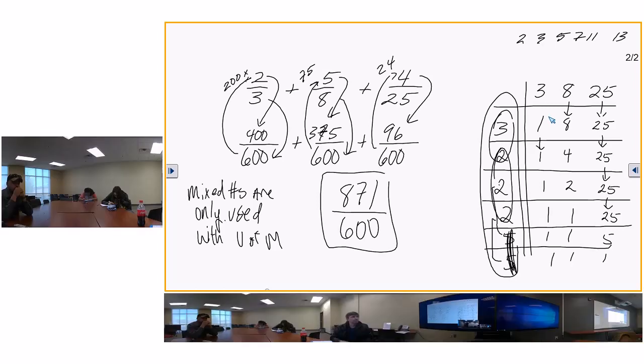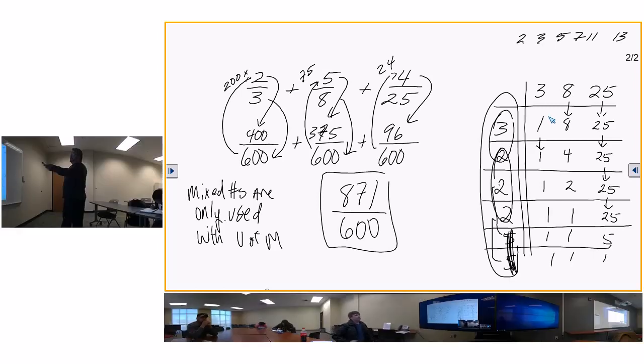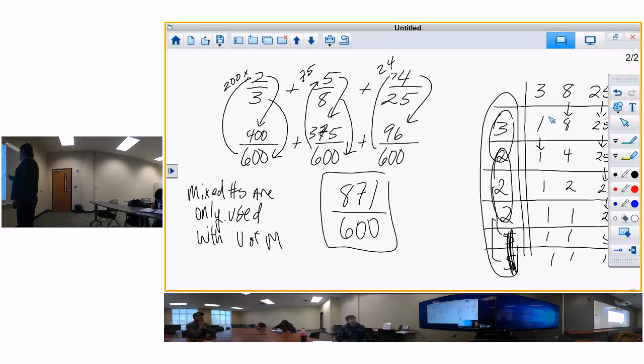Now, if I don't have a word problem and I'm asking for how many feet of lumber do I need, then you just leave it as 871 over 600. But Hubert, my teacher told me, well, your teacher was wrong. Why? Because I'll show you. Let me show you why they're wrong.